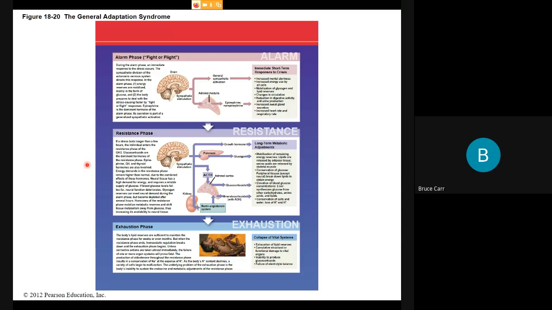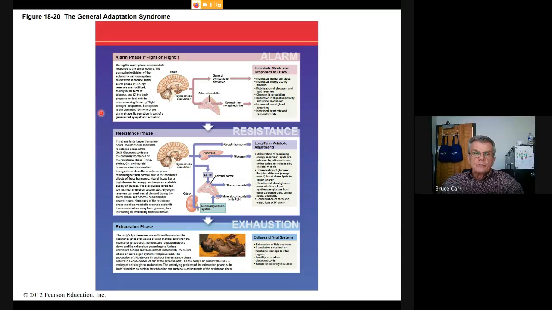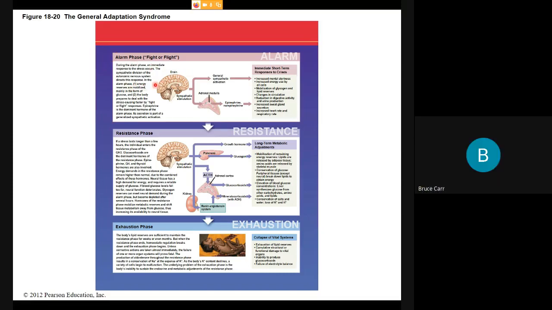And if you begin with a healthy person with a healthy body, they go through different phases during which the metabolism of the body adjusts to that level of damage. The alarm phase, you can call this fight or flight. This is sympathetic stimulation. There are huge reorientations.